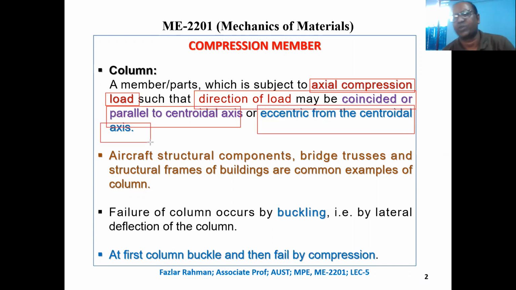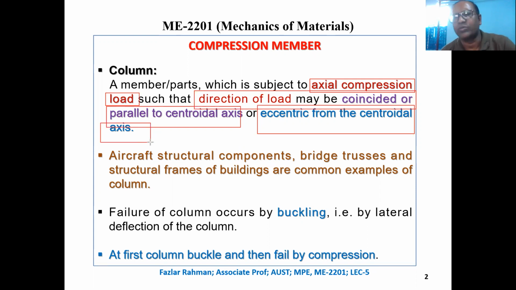This is the definition of the column. It doesn't matter, it is vertical or it is horizontal. You have to match with this criteria. The load has to be compressive and load is parallel to the longitudinal axis of the body, or centroidal axis of the body.